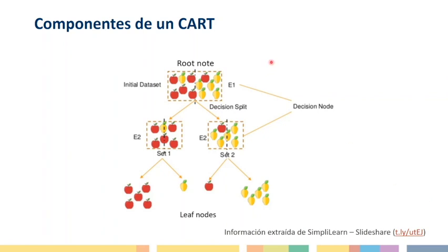In this slide, we can see the different components of a CART. Among them, we can see different nodes, and most of these nodes come with ramifications. Every node divides the data set in two parts, as we can see here.